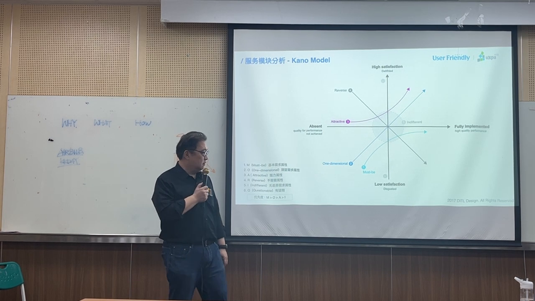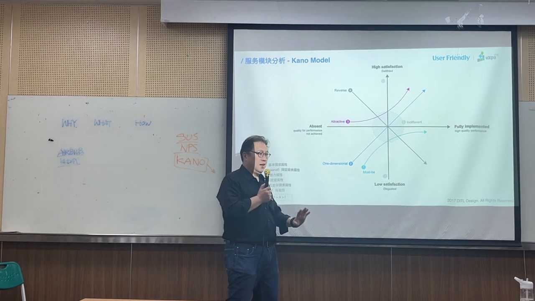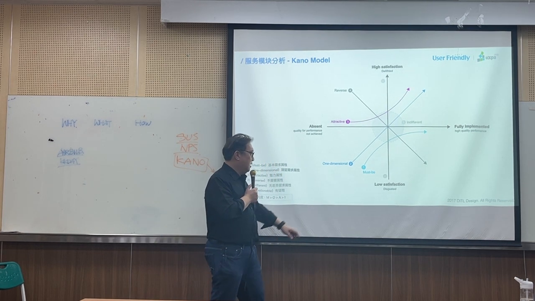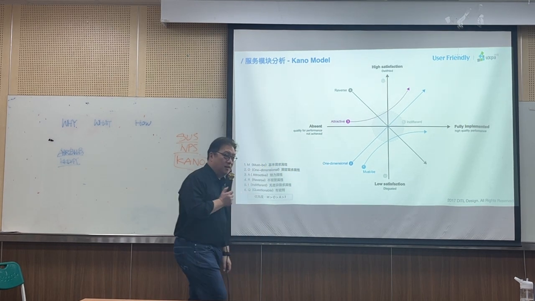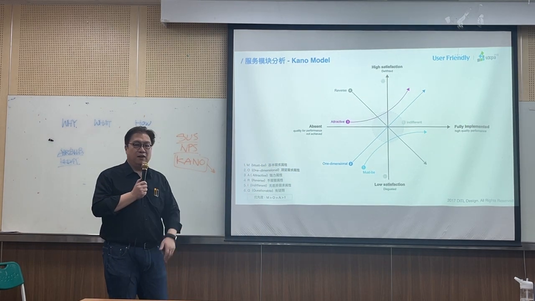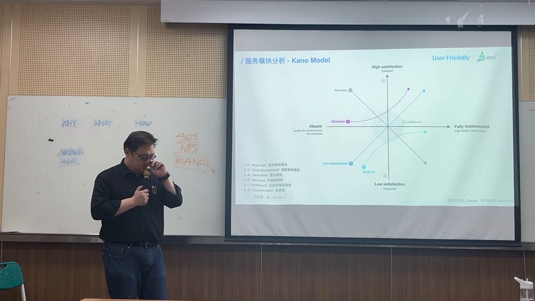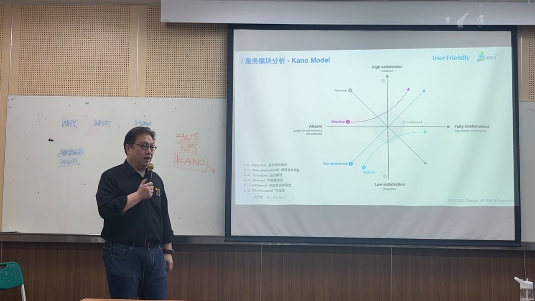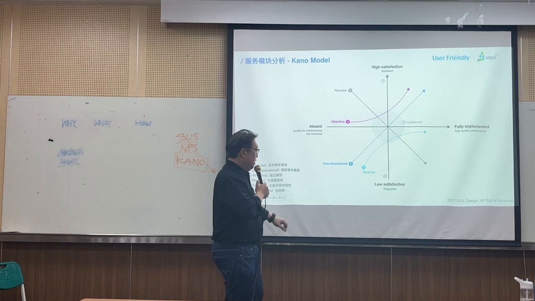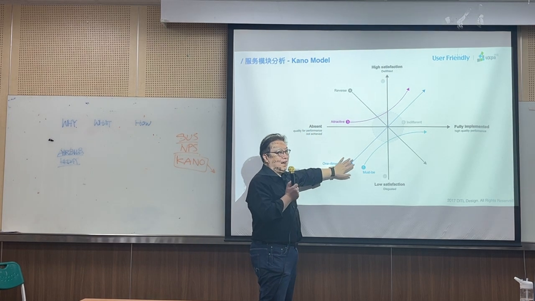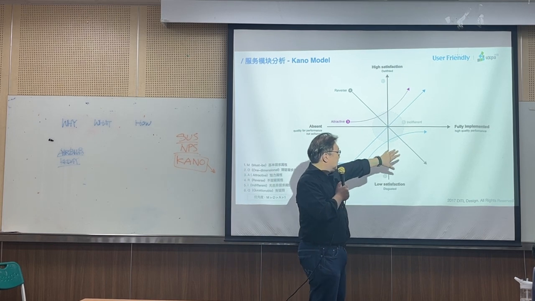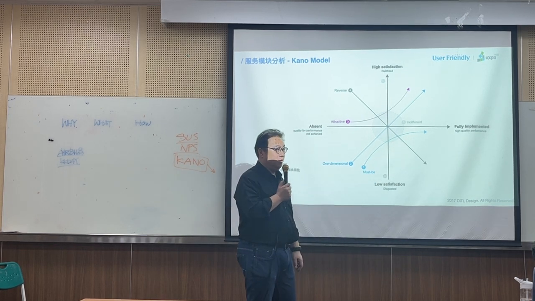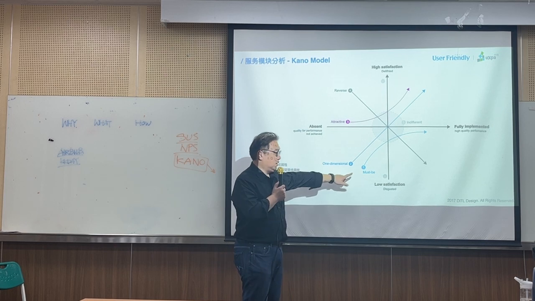So don't think anything is ordinary. Right now in Taiwan, a clean environment without any mouse or cockroach is actually a basic function. If you see any cockroach, you will feel very upset about the restaurant. But if you didn't see any, it's just ordinary. So that's a must-be.